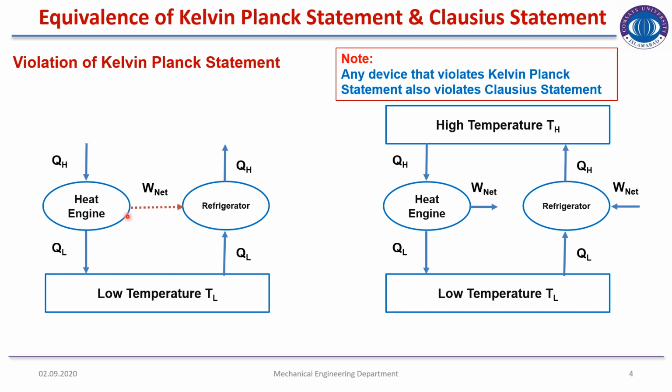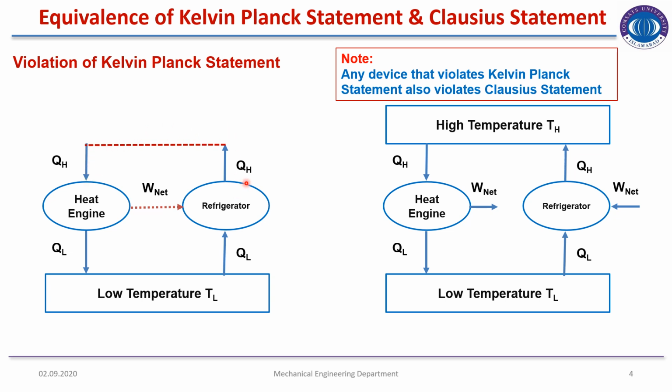So W net from the heat engine is given out and received by the refrigerator, and the QH amount of heat rejected by the refrigerator is also equal to the QH amount of heat received by the heat engine. So we have removed that reservoir and connected both the points directly. The output of the refrigerator is the input of the heat engine.